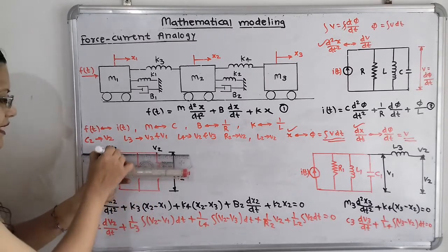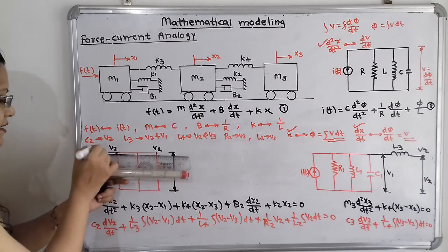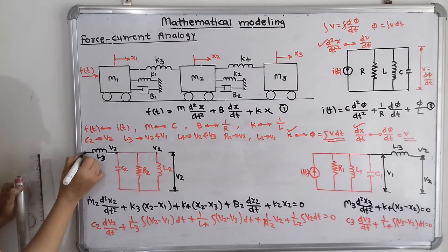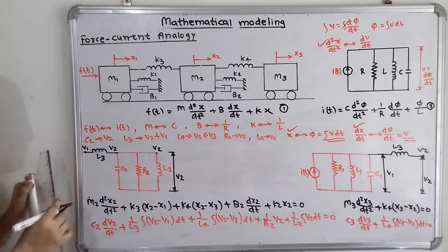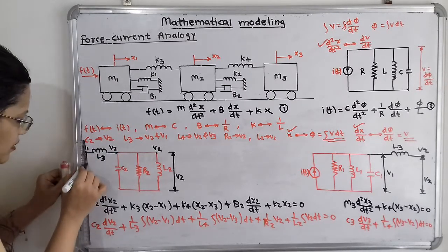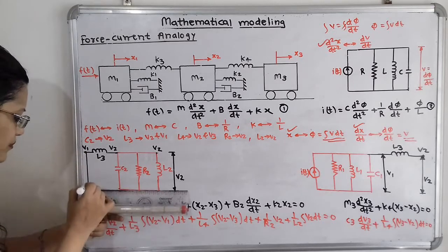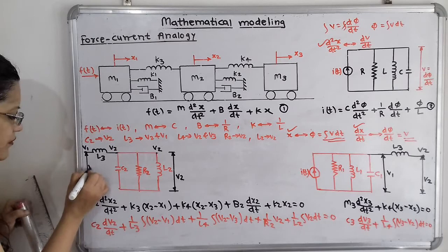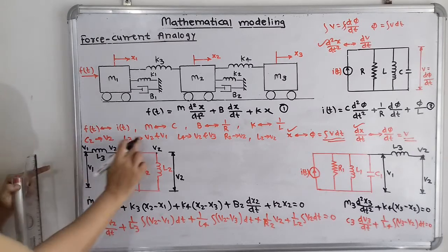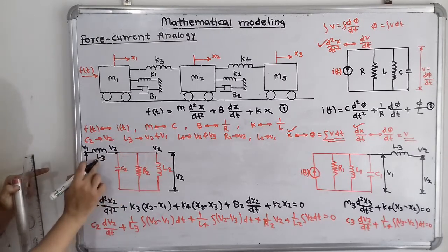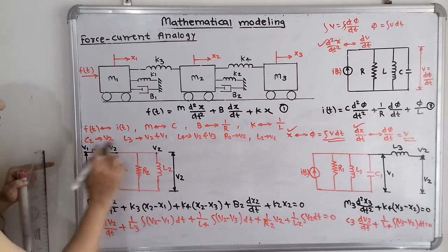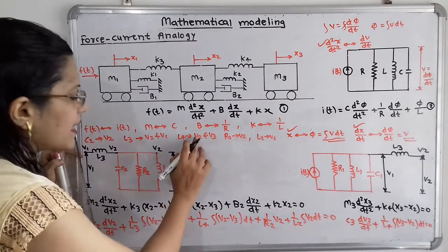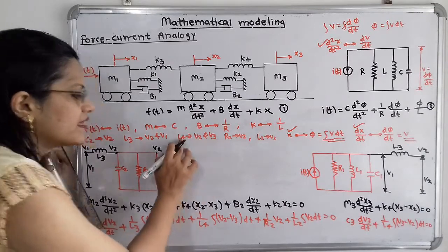So here is L3, and before this L3 there is the voltage V1. I will show this with a vertical line also. So with this vertical line, here voltage V1 is there. In between voltage V1 and V2 there is L3. Then these three elements are having same voltage V2, and again in between V2 and V3 there is L4.